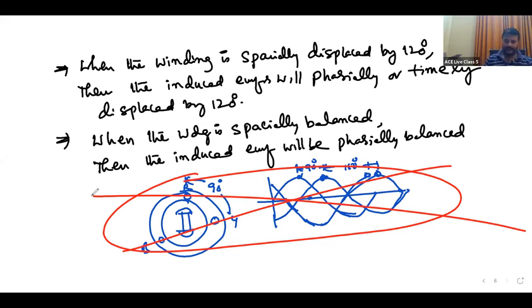Now coming to the important point, the induced EMF for the earlier diagram. ER is equal to EM sin omega t.